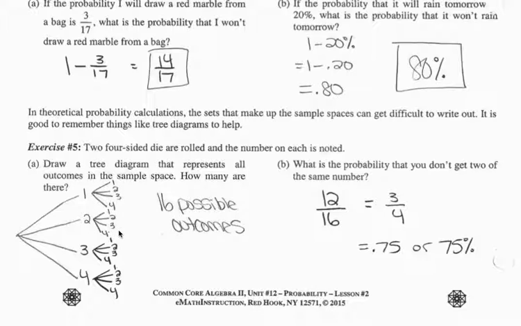So I have 3, 6, 9, 12. 12 of them do not have a repeat number. Out of a total 16 combinations, reduce the fraction, we get 3/4, which is 0.75 or 75%. That is the probability that you don't get 2 of the same number.